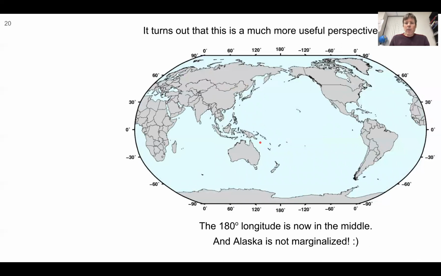It turns out that this here is a much more useful perspective for us. The 180 degree longitude is now in the middle. And definitely Alaska is not marginalized as much. It's here pretty much in the center, but it's more useful because of plate tectonics, and we'll see why in a bit.